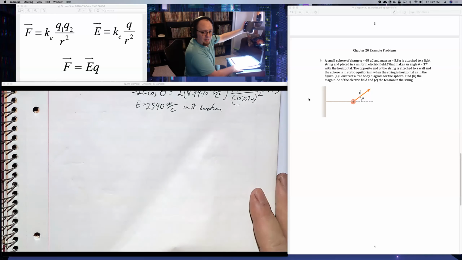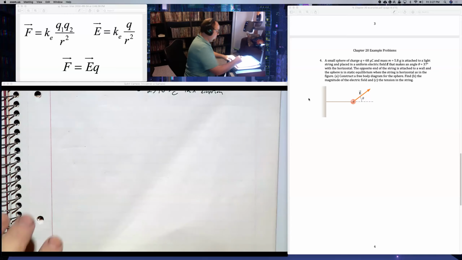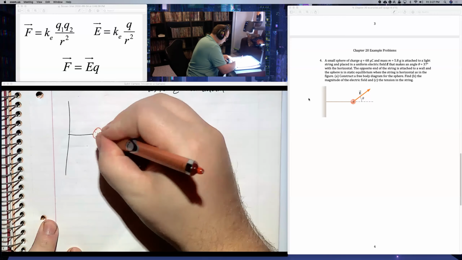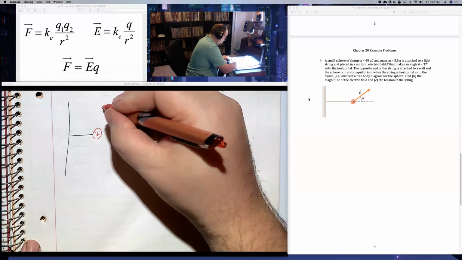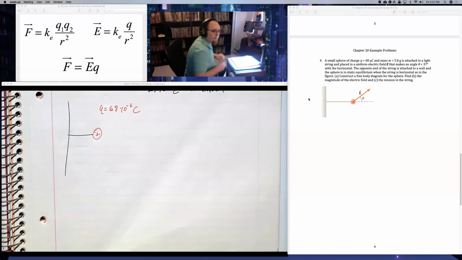I'm gonna do this anyways and say, okay, what we got here is a wall, a string, and a positively charged particle. A small sphere of charge 68 nanocoulombs and mass of 5.8 grams.